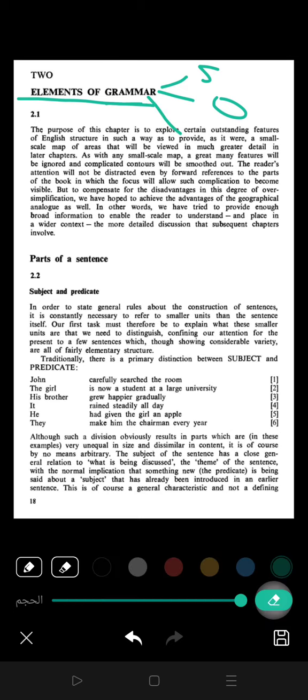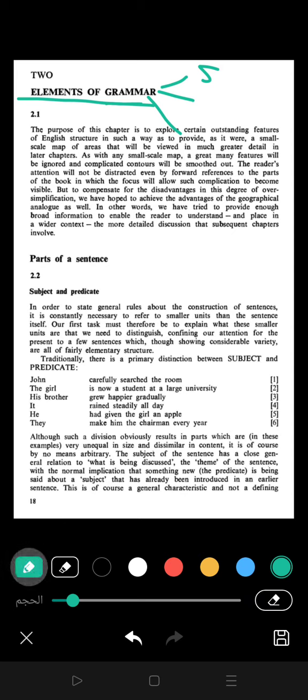I will arrange them: subject, verb, object, complement, and adverbial. Elements of the sentences.